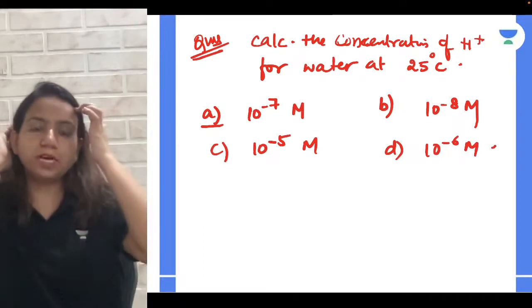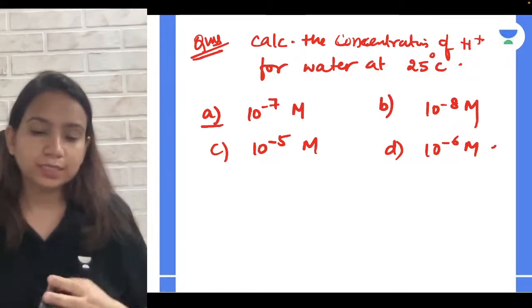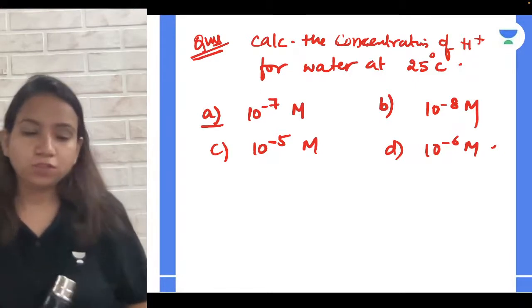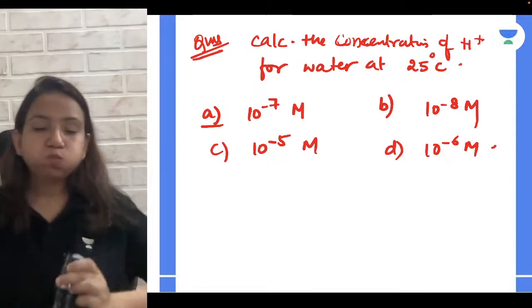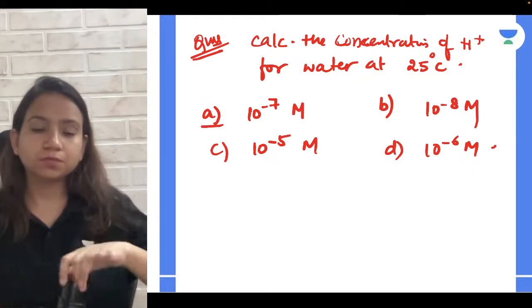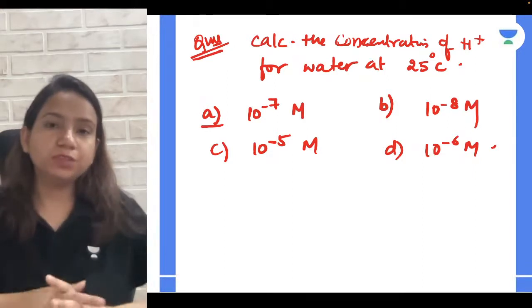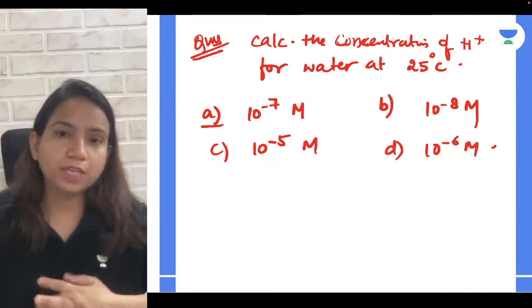So what will be the correct option, guys? Let's see who will be answering it. All of you should write it in the chat. Very good. Most of you are giving the correct answer.